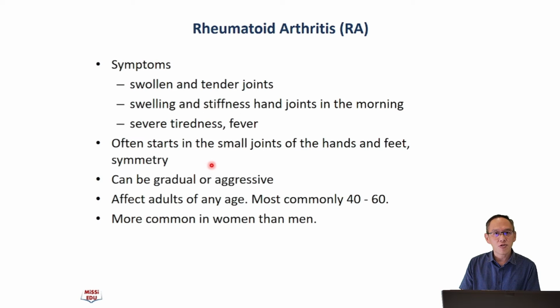It often starts in the small joints of the hands and feet, and usually both sides symmetrically. It can be a gradual or aggressive form and cause acute attacks of rheumatoid arthritis. It affects adults of any age, commonly occurring between 40 to 60 years of age. It's more common in women than men.